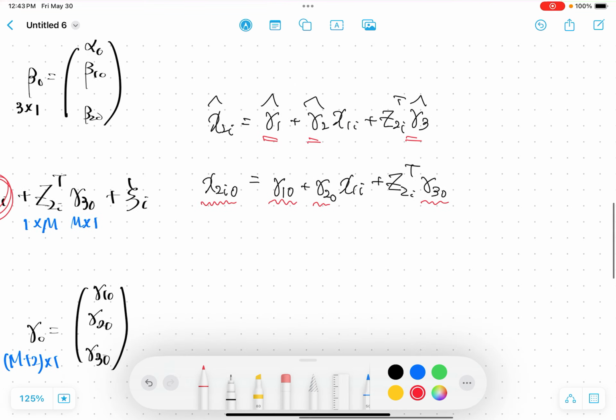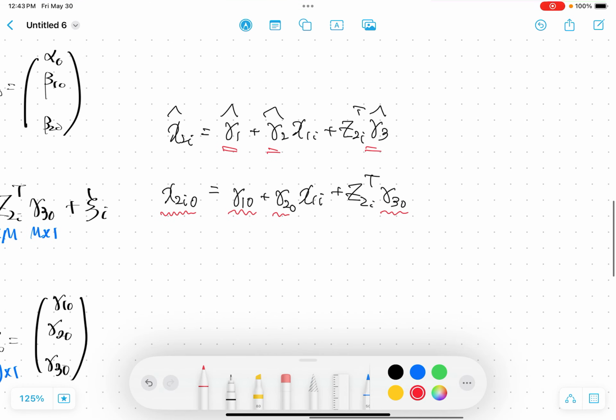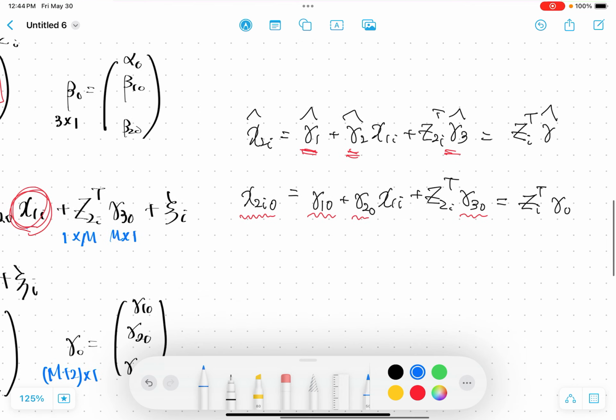But because you don't know the true gammas, you have to use estimators. You may simplify this to say zi transpose gamma hat, and you may write it as zi transpose gamma 0. That's what you do. And also observe that x2 is a scalar, so it is 1 by 1. You will see that they are different.